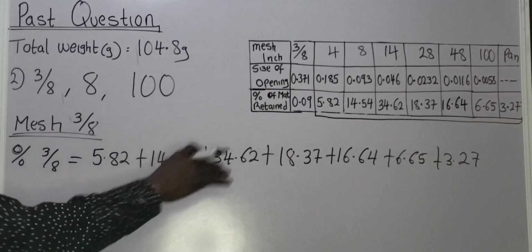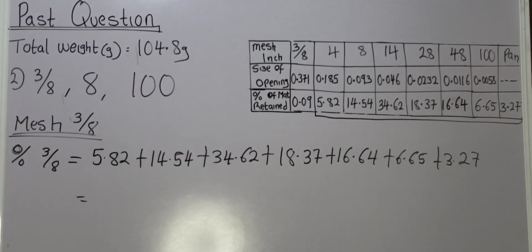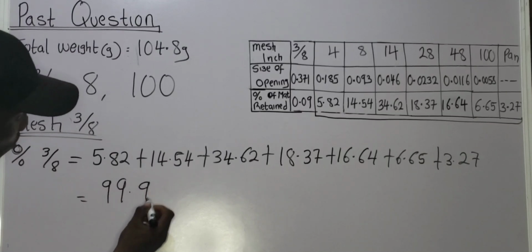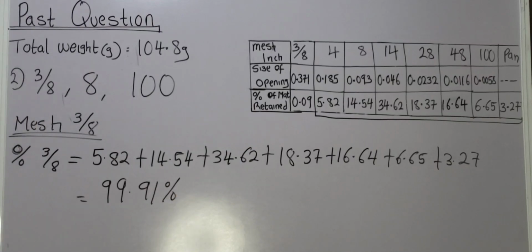We are going to add all this together. If you sum all that together, you're going to get 99.91%.